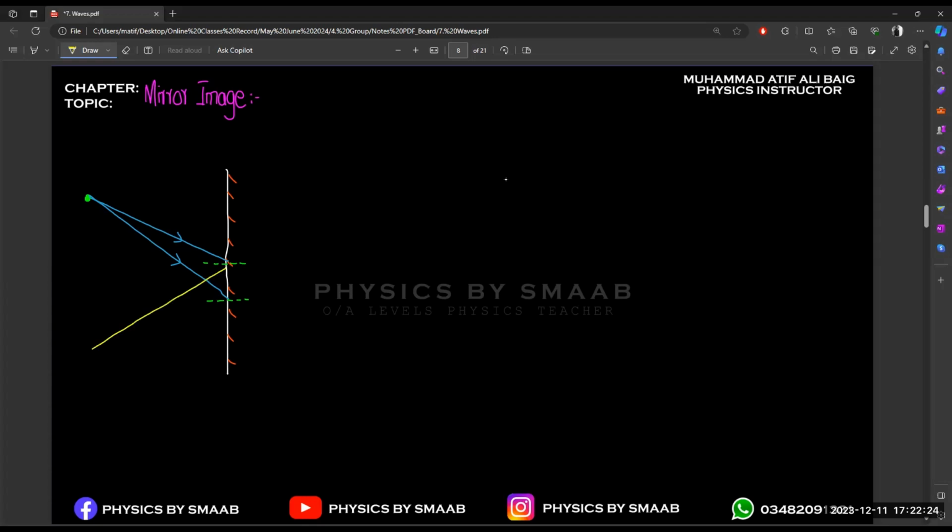So this is the angle of reflection and this is the angle of reflection. Basically, this is the observation from the plane mirror.